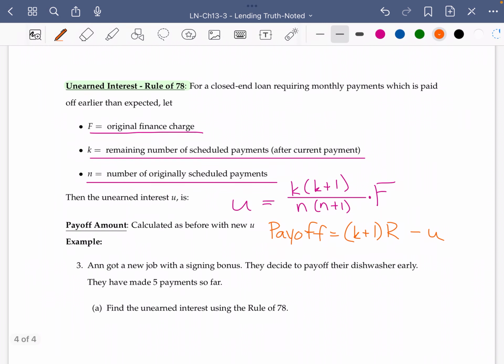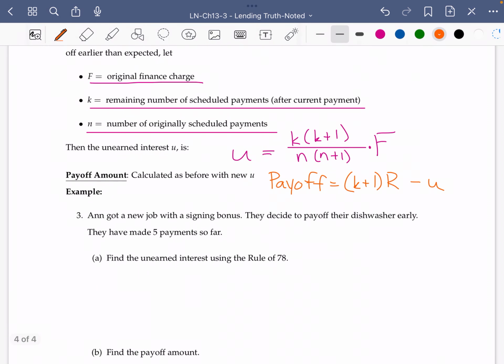All right, so we are going to go through the same example that we did last time, only now we are going to find the unearned interest using the rule of 78 instead of using the actuarial method.